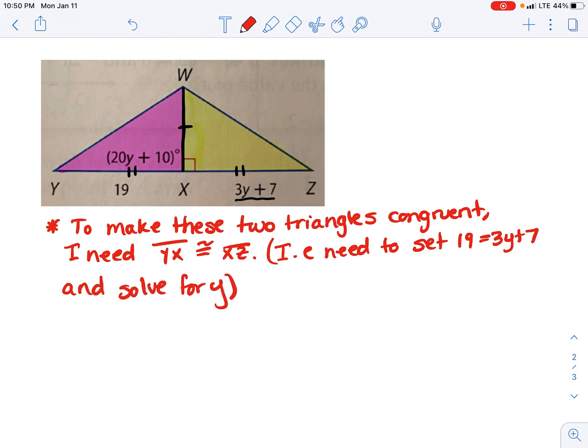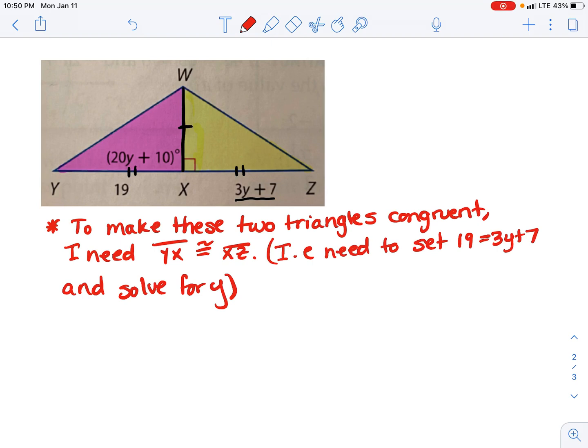If I need to make these two triangles congruent, I need to use the SAS postulate. So far we had one set of sides that were congruent, but I need two sides of these triangles to be congruent.